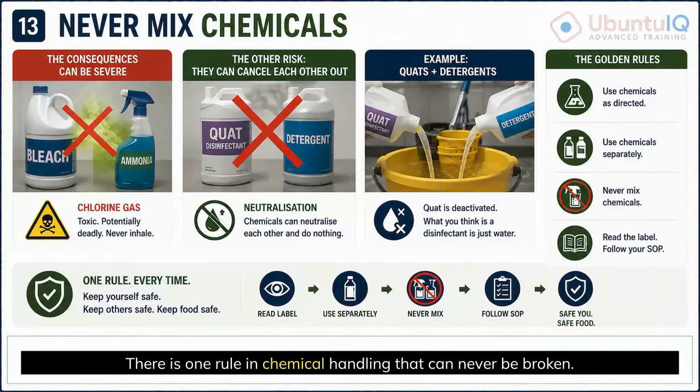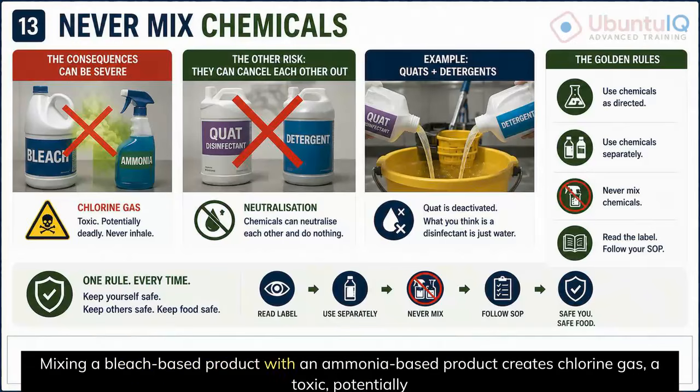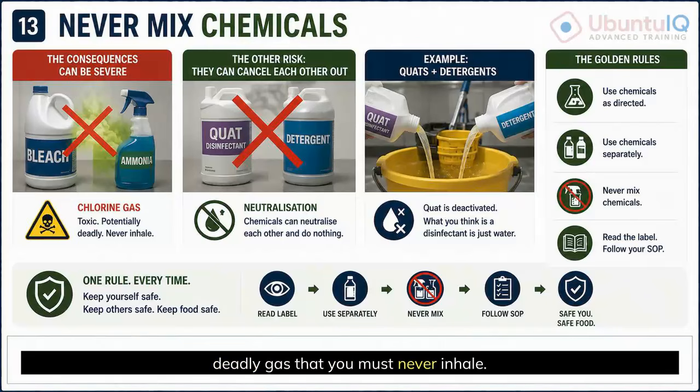There is one rule in chemical handling that can never be broken: never mix different cleaning chemicals together. The consequences can be severe. Mixing a bleach-based product with an ammonia-based product creates chlorine gas, a toxic, potentially deadly gas that you must never inhale. The other risk is the opposite.